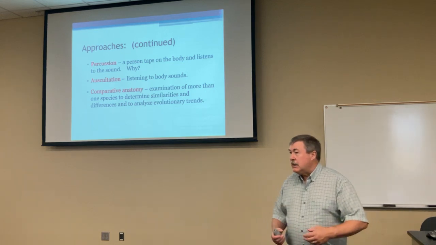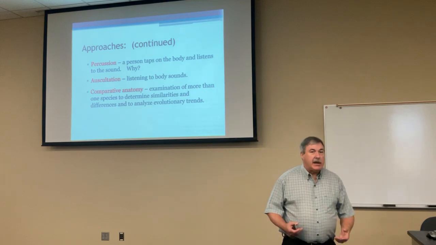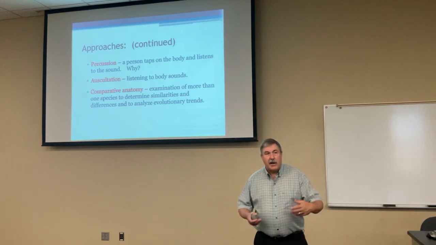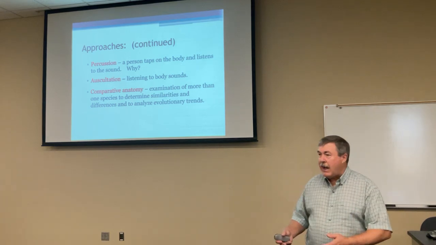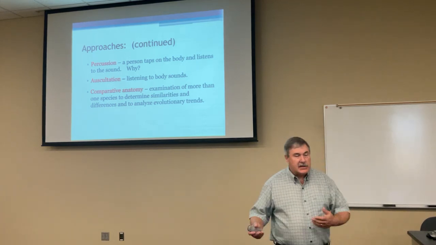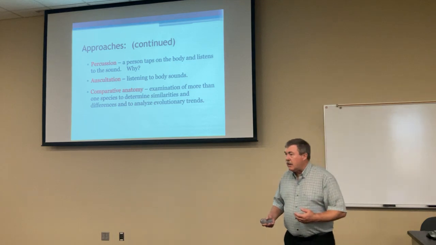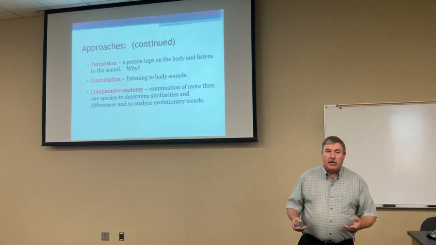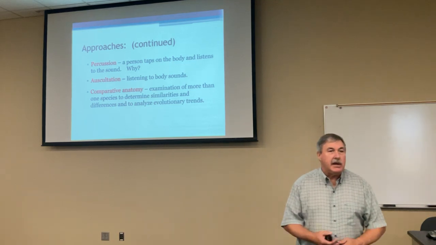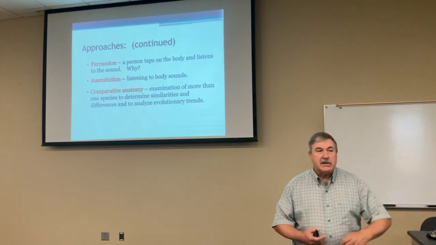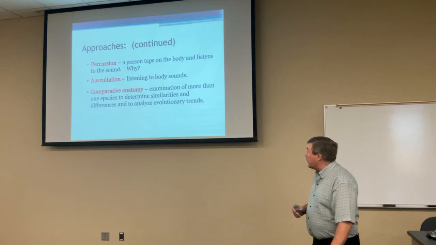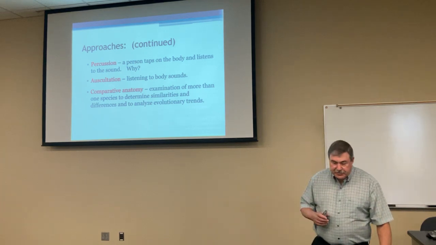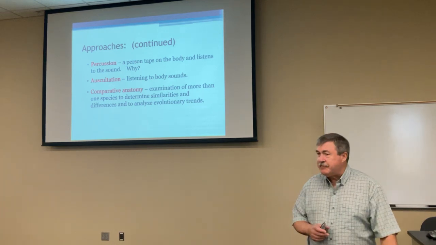So they learned about the human body through the dissection of other animals, like they might dissect a dog or a cat. And this technique is still used today in undergraduate laboratories. When I took comparative anatomy as an undergraduate, we dissected a cat, for example. The problem with the comparative approach is the cat is not a human.